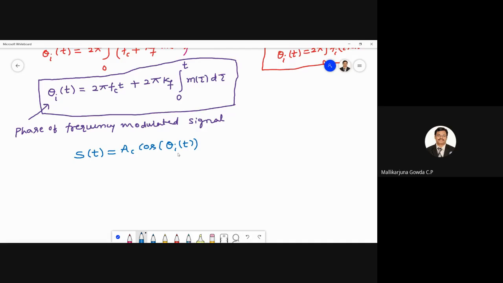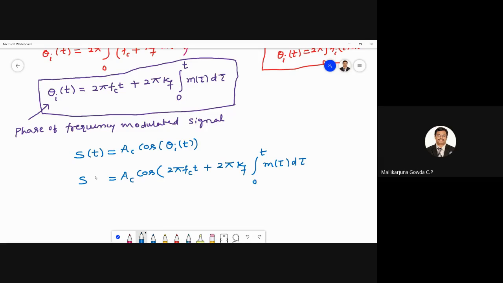Just substitute the value of theta i of t in this equation. So it is Ac cosine of 2 pi fc t plus 2 pi kf integral 0 to t m of tau d tau.